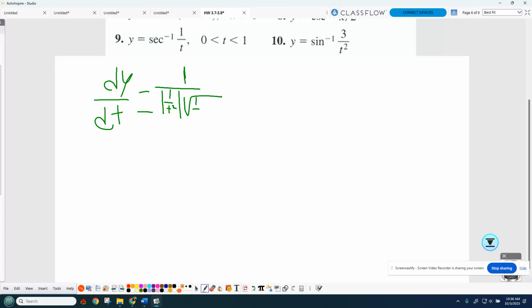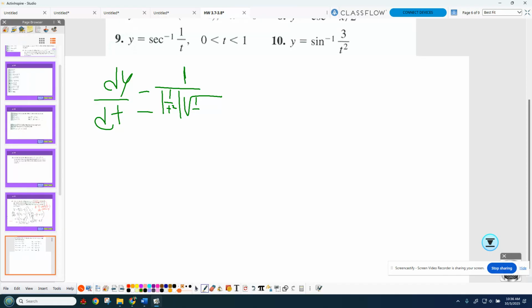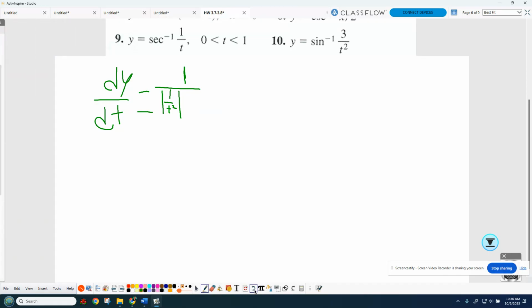Oh, that's not a square, that's a comma in the problem. So that changes things. Let's see, how can we do this easily? There we go.